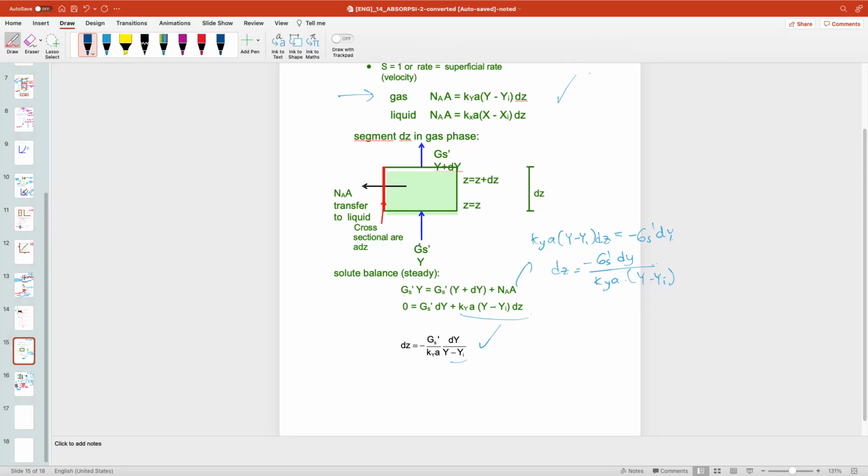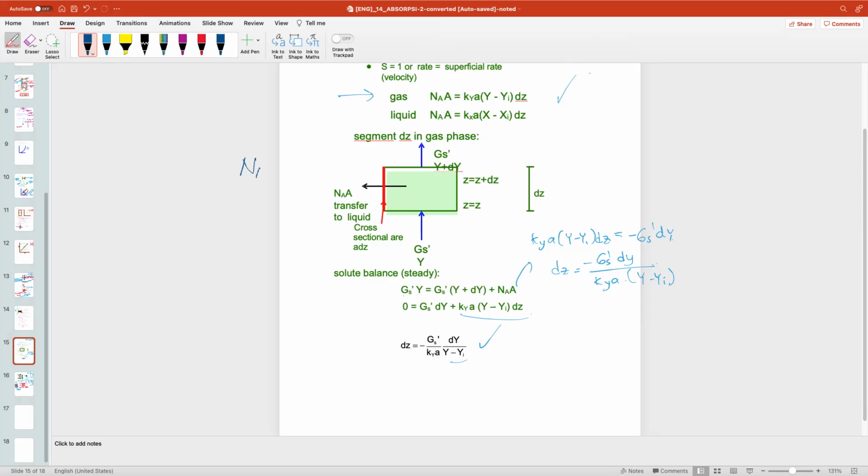Then we can start with this differential mass balance, where from the bottom here we have GS for the inert, the superficial inert gas flow, with the mole ratio of Y, and then some of it is being transferred into the liquid. The amount of transfer into the liquid is called NA multiplied with A.